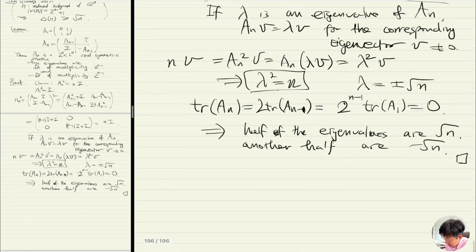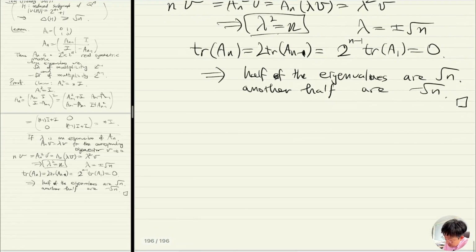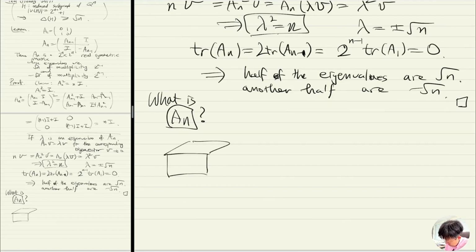But why is this interesting? What is A_n? Think of the cube. Now I look at the first floor and the second floor.